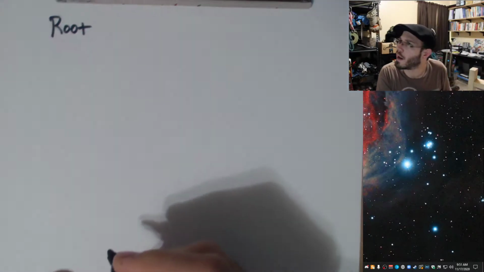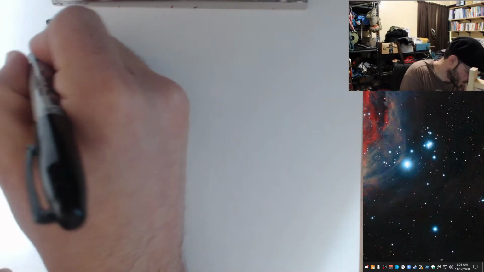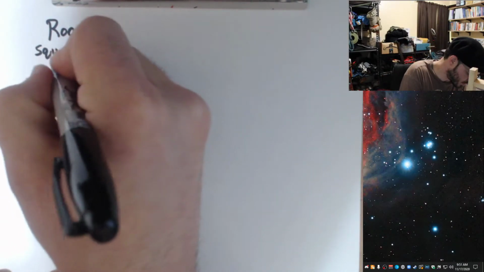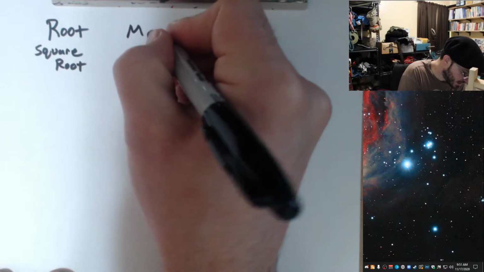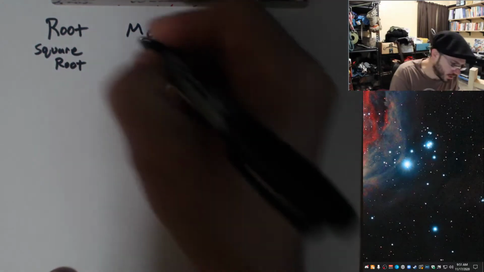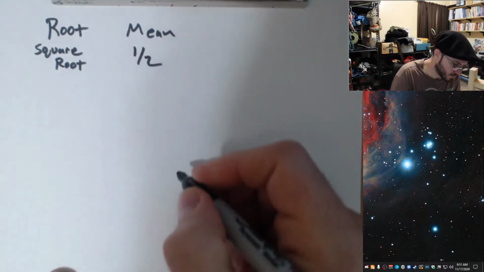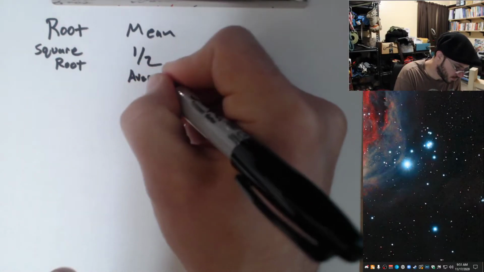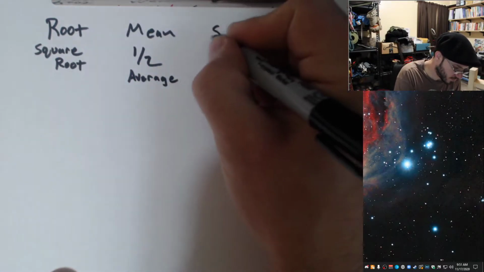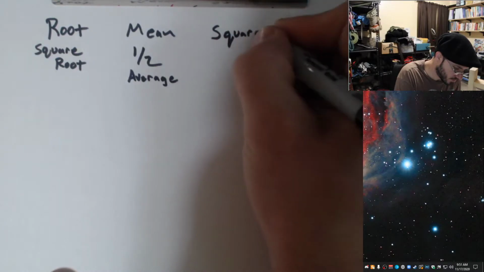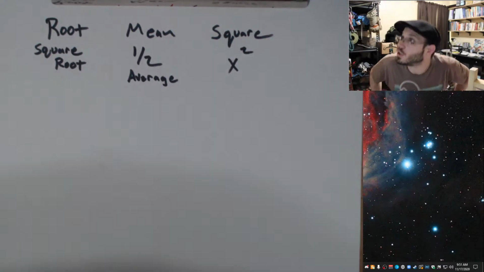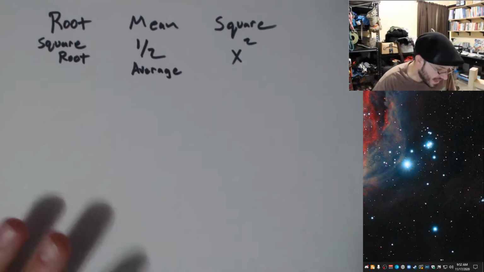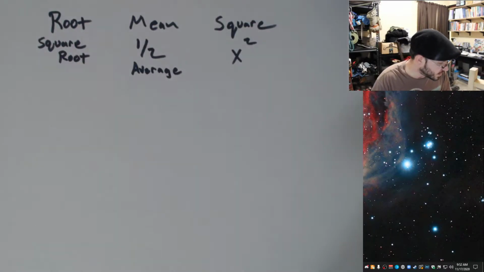So root, as in square root, mean, as in the average, and square, as in taking something raised to the 2. Okay, so it's gonna involve these operations over here.